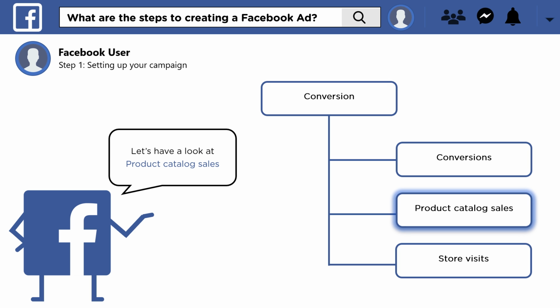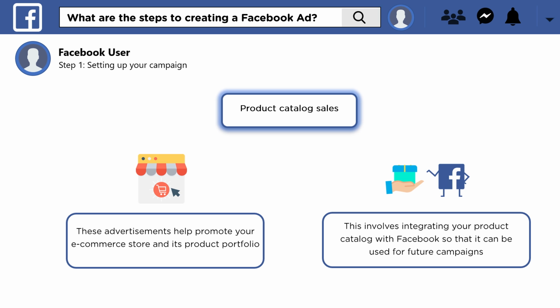Then you have product catalog sales. These could be ads to help promote your e-commerce store or other products in your store portfolio. Think of Amazon, think about all the products they have on their website.